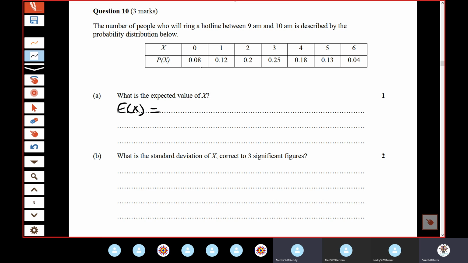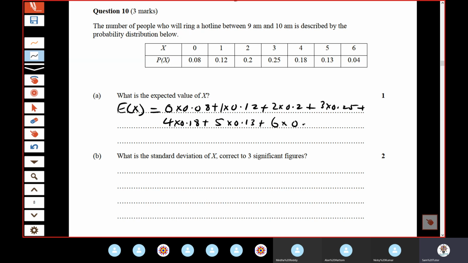Yep, we're just timesing. So 0 times 0.08 plus 1 times 0.12 plus 2 times 0.2 plus 3 times 0.25 plus 4 times 0.18 plus 5 times 0.13 plus 6 times 0.04.